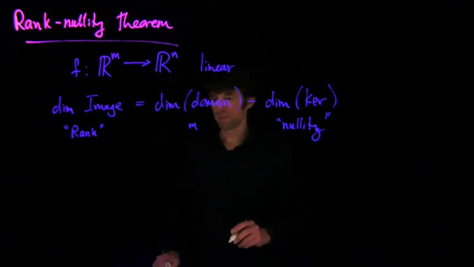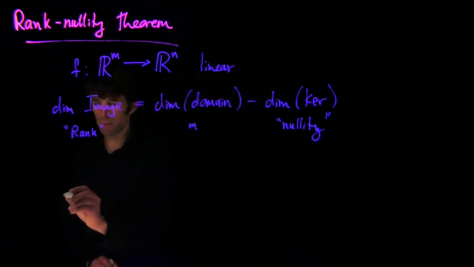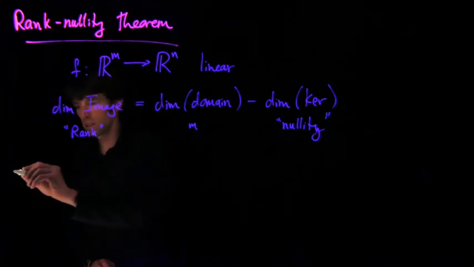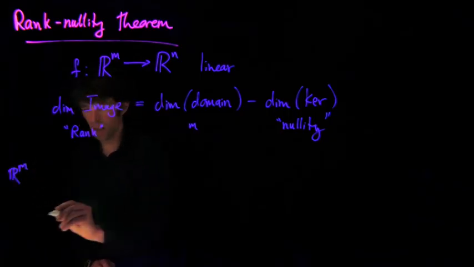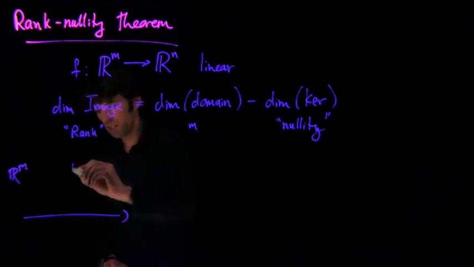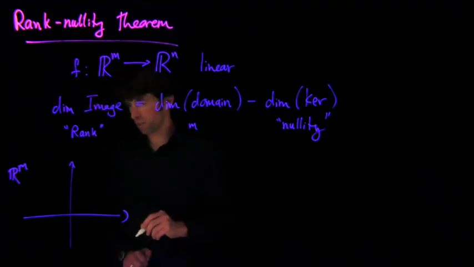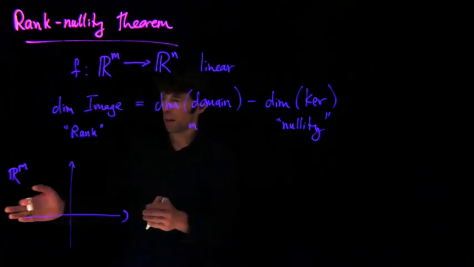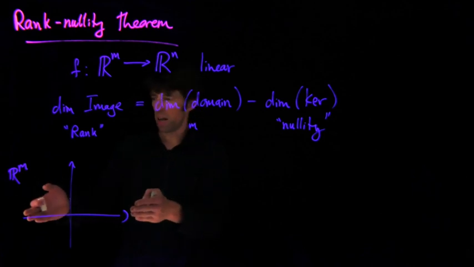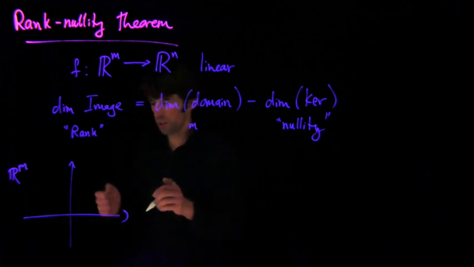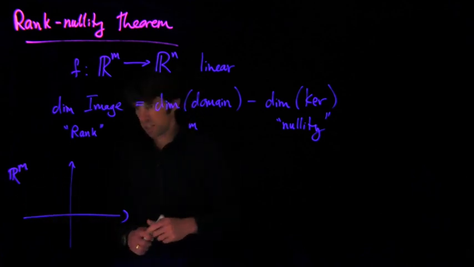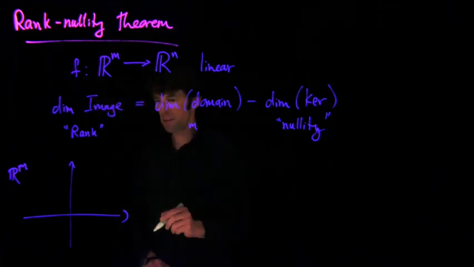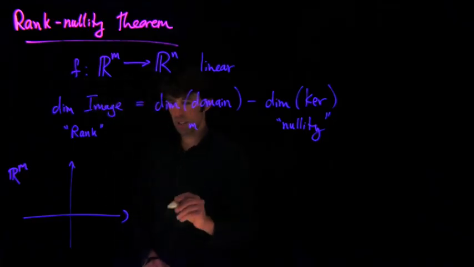So for instance, if I have a map, let's schematically draw the domain R^m as one direction and a second direction. These two axes that I've drawn here might stand for an R^7 and an R^3 or something like that. Let's imagine that this linear transformation F is going in two steps.